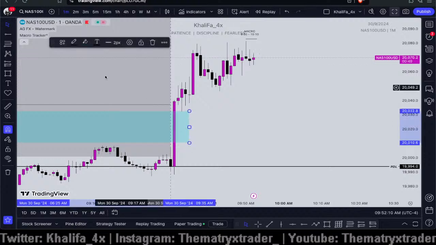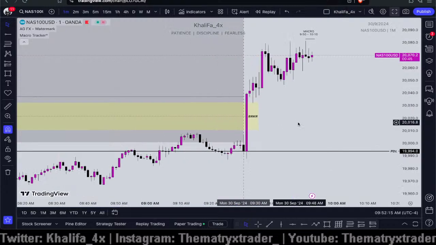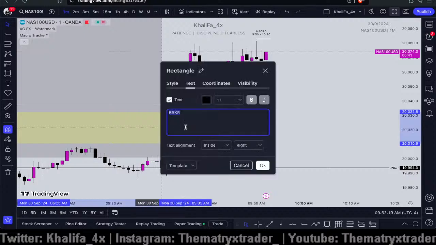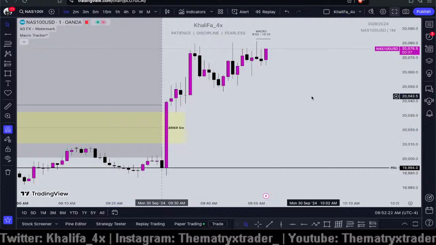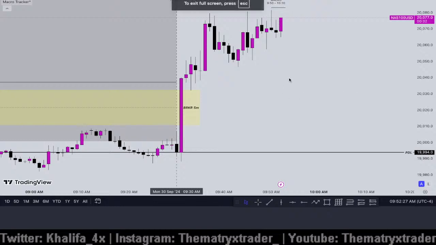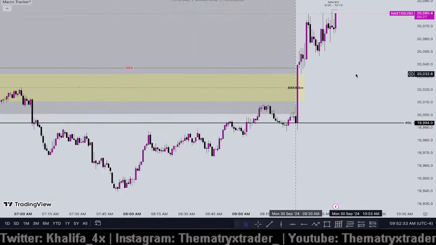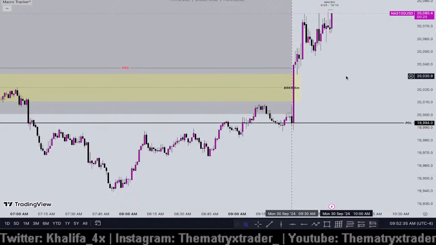This is still a valid breaker for the 5-minute time frame. Yes, this is still a valid breaker.